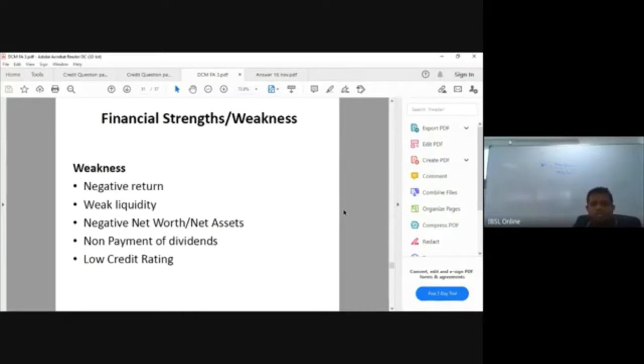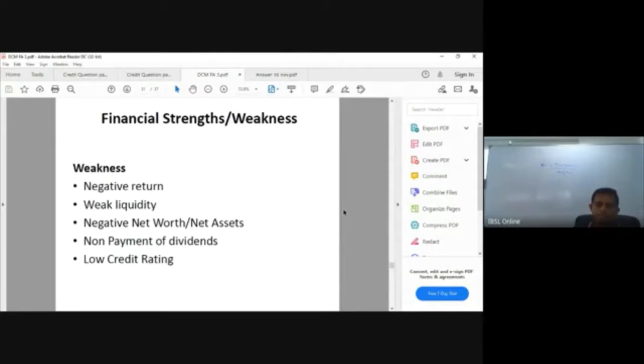These are a few weaknesses. First one is negative return. If you come across negative GP, negative NP, negative returns, that is not good, right? Weak liquidity: if they are maintained at the margins, that is also not good, right? Negative net worth and net assets, right?